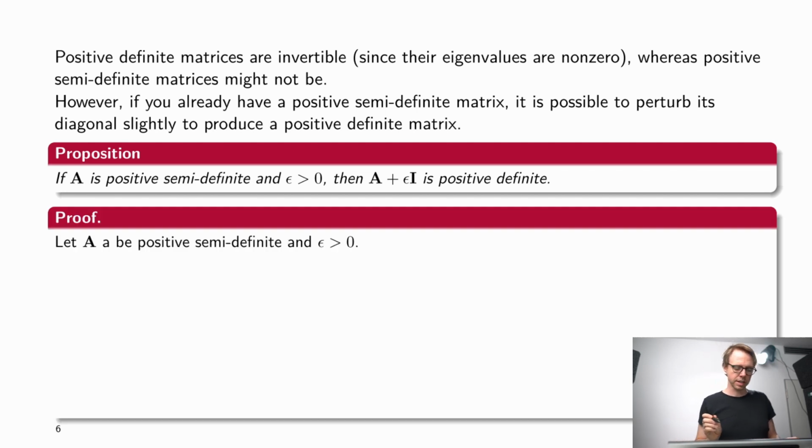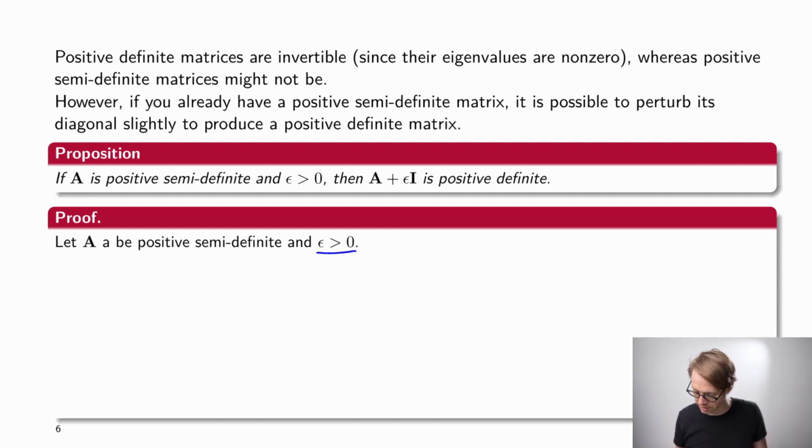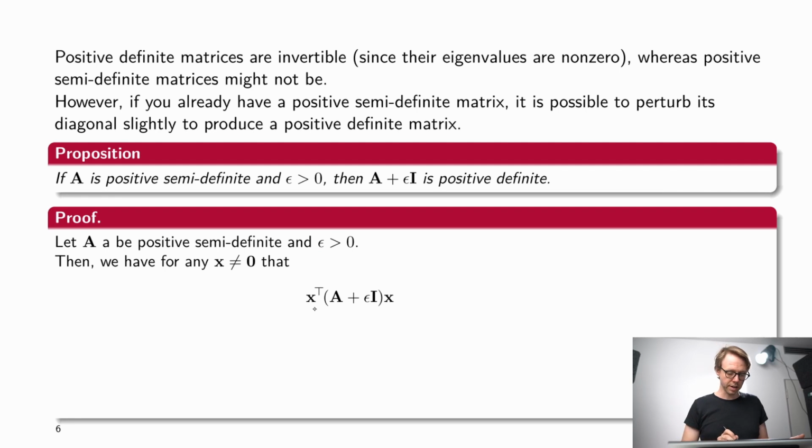Because if A is positive semi-definite and we have a small positive constant epsilon, then the squared form x transpose times A plus epsilon I times x equals the squared form in A plus the squared form in the identity times epsilon.